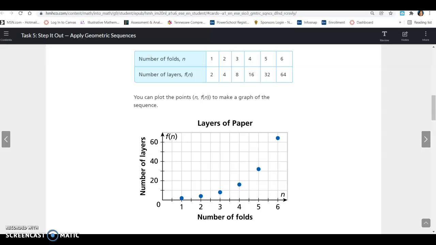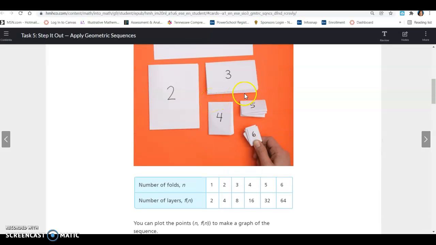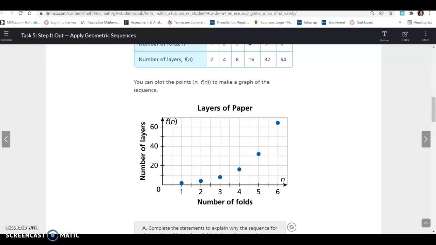All right, so you can see the first time he folded it, then there's 2 layers. The second time he folded it, there would be 4 layers, and so on. So he folded it 6 times. After 6 times, there were 64 layers in his stack here. All right, so you can plot the points n and f of n.